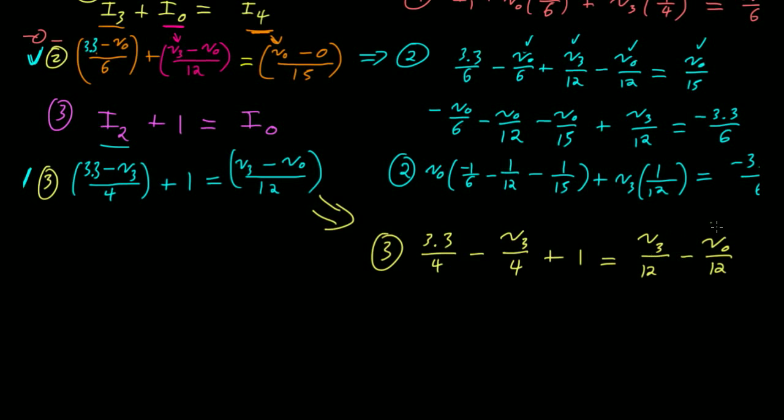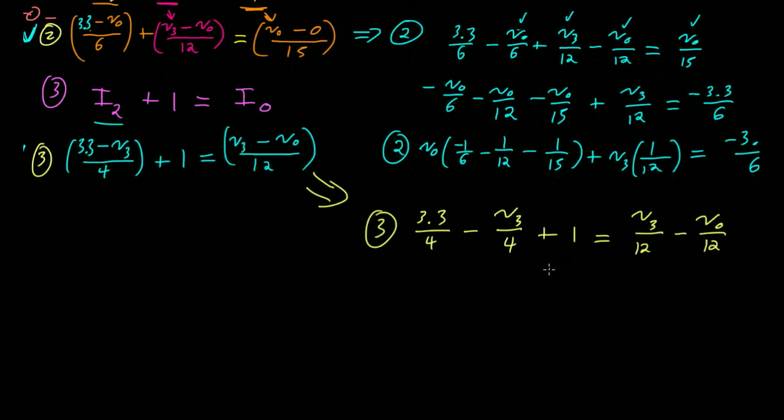And now I'm just going to combine all the different v3 terms and v0 terms and move the constants over to the right-hand side. This is the left-hand side. So I'm going to move all the constants over to the right, and all the v3 and v0 terms over to the left. So I'll have minus v3 divided by 4, subtract v3 over 4 from both sides, so minus v3 over 12.